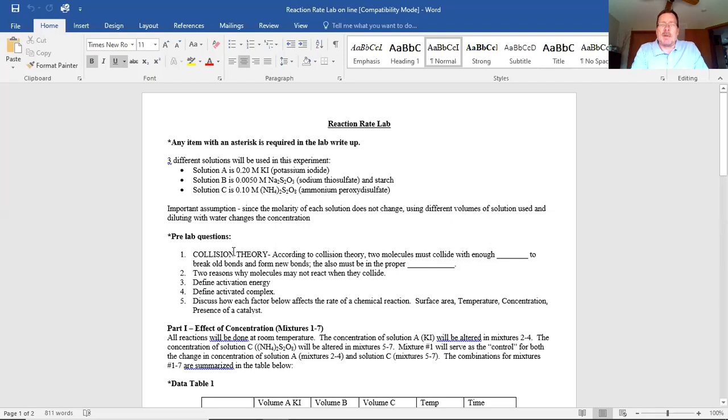Again, you do not need to type up every one of these questions. You just need to type number one and answer it, which has just a couple of fill in the blanks in appropriate order. So just label it pre-lab, number the question, and answer it.